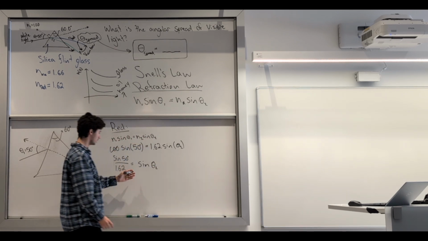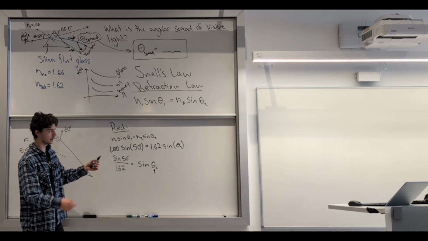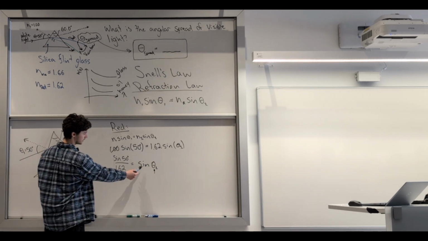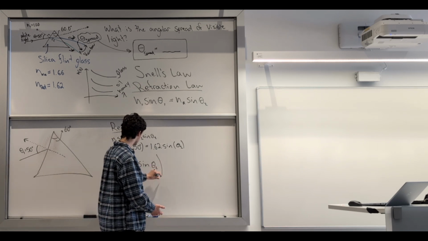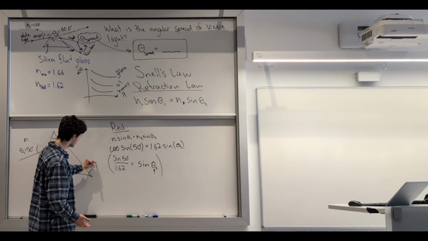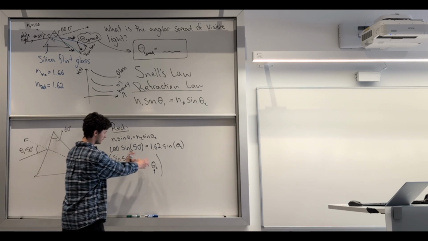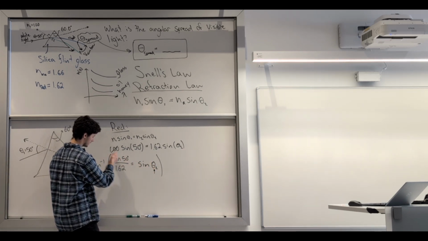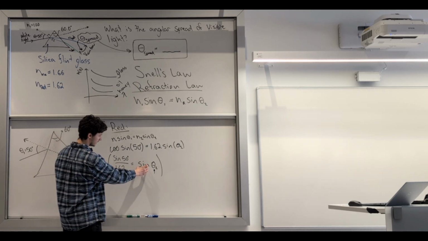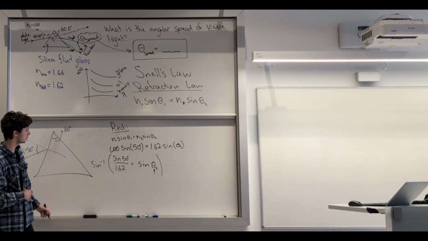I again want to isolate for this theta 2. And how I can do that is I need to cancel this sine over here. So I can take on both sides of the equation sine inverse. Sine inverse of this side, sine inverse of this side. Sine inverse of sine of theta cancels the sines because sine inverse and sine are inverse functions, so they can cancel each other nicely.